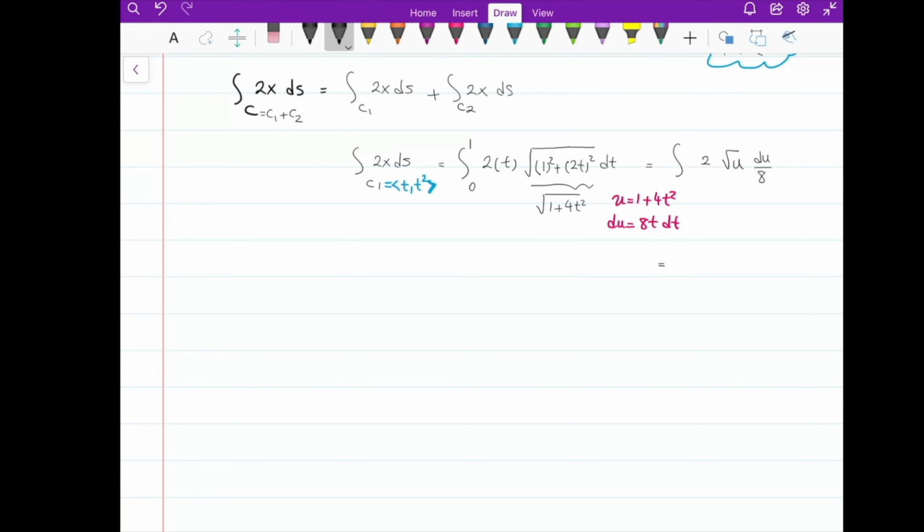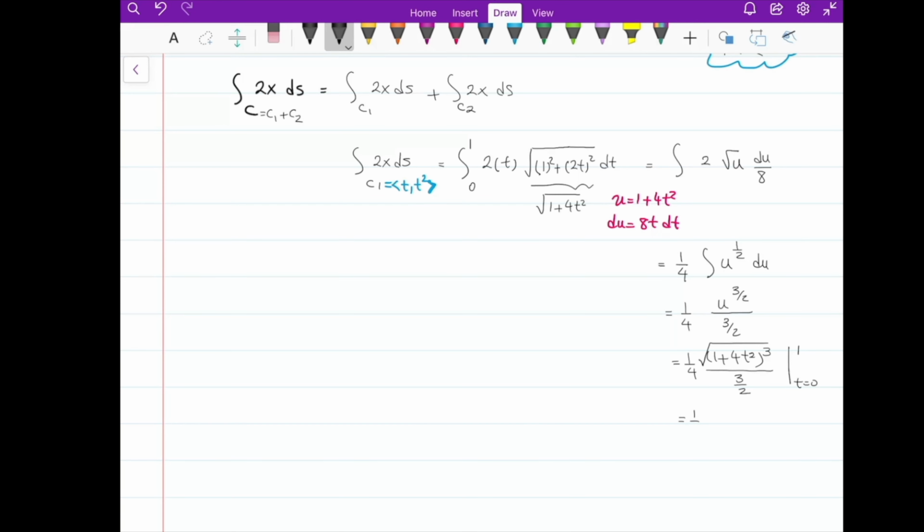Okay, so let me simplify that. I get 1/4 that I bring out, and then the integral of u to the power of 1/2 du. So it would be 1/4 times u to the power of 1/2 plus 1, divided by 1/2 plus 1. Now let me replace u with 1 plus 4t squared, to the power of 3 inside the square root, divided by 3 over 2, and t is given from 0 to 1.